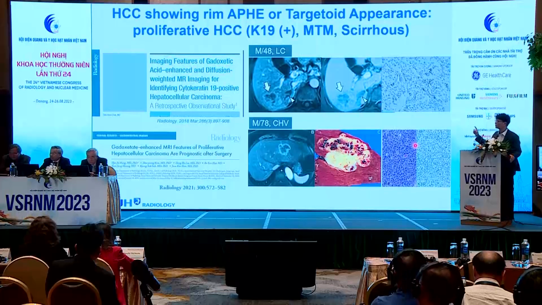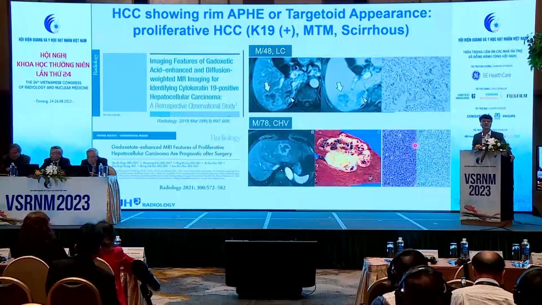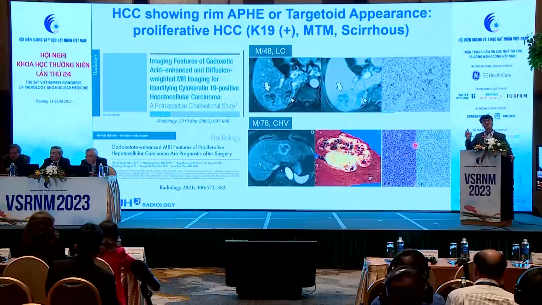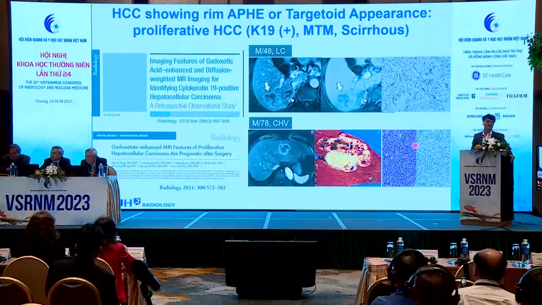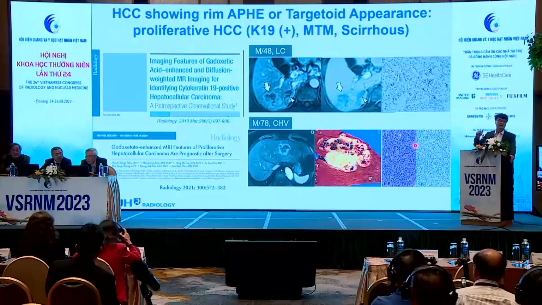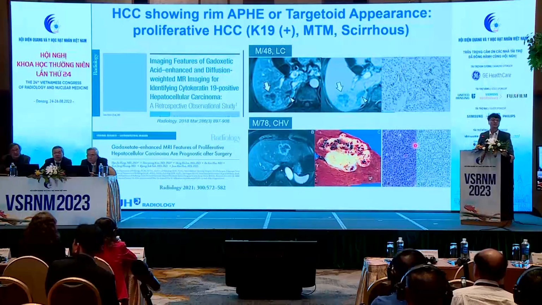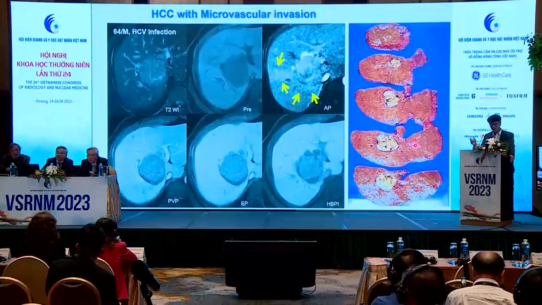And these tumors usually show rim arterial phase hyperenhancement, which is an LR-M feature. So once HCC shows this kind of atypical arterial rim enhancement pattern, the prognosis is much worse.